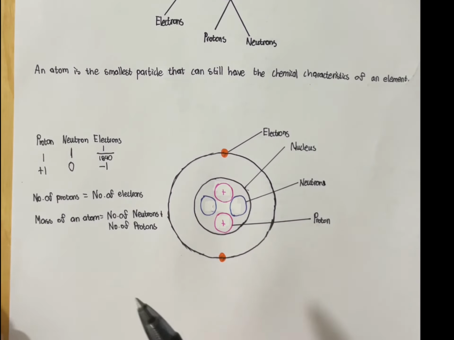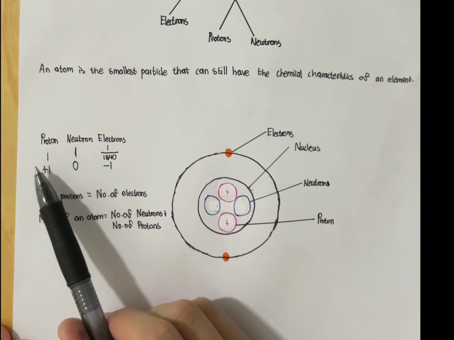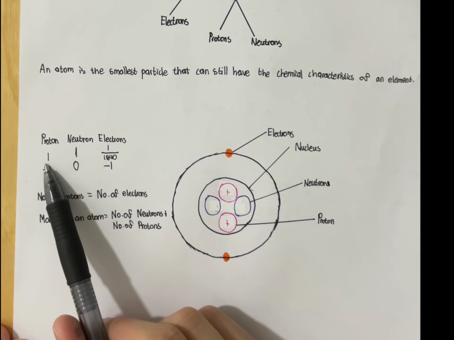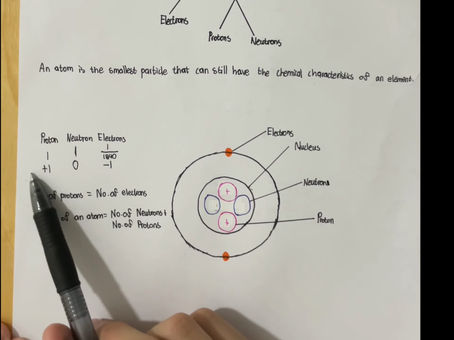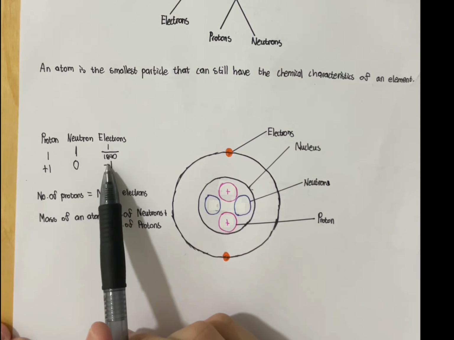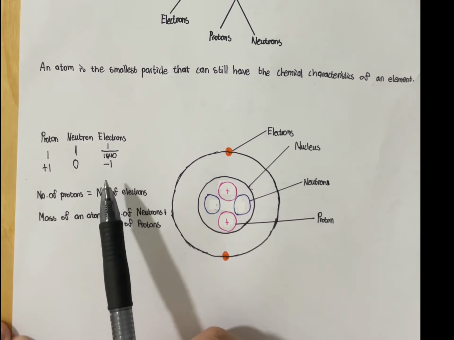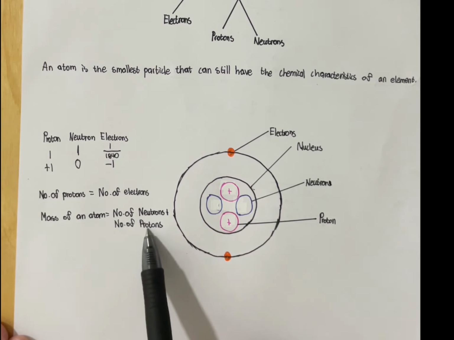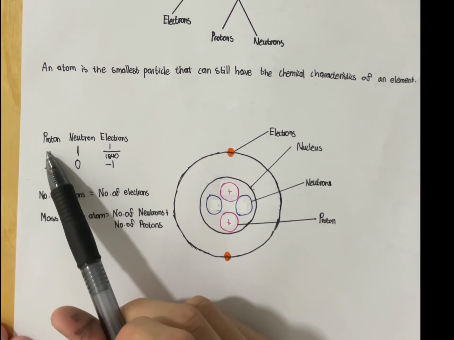Because you see, protons and neutrons have a relative mass of 1. I should have written it down, but anyway. Electrons don't really have a relative mass. It's too small. It's negligible. So that's why the mass of an atom is the number of neutrons plus the number of protons.